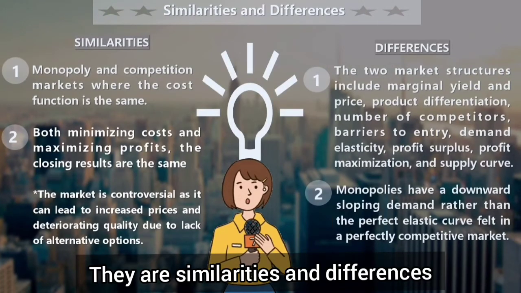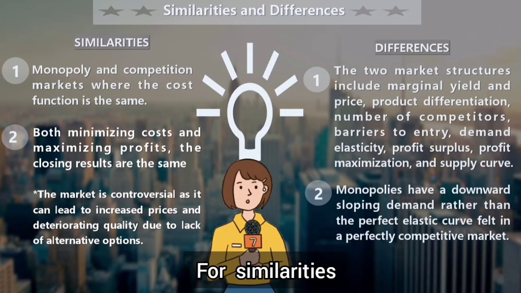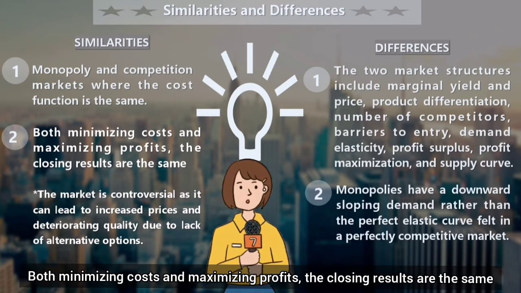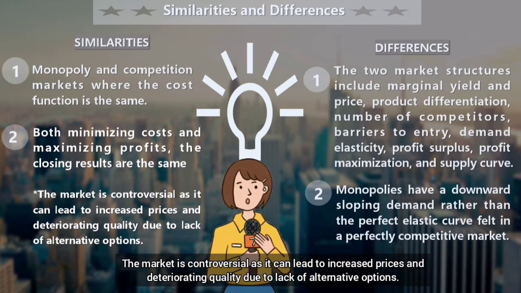There are similarities and differences. For the similarities, in monopoly and competition markets the cost function is the same. Both minimize costs and maximize profits, so the closing results are the same. The market is controversial as it can lead to increased prices and deteriorating quality due to lack of alternative options.